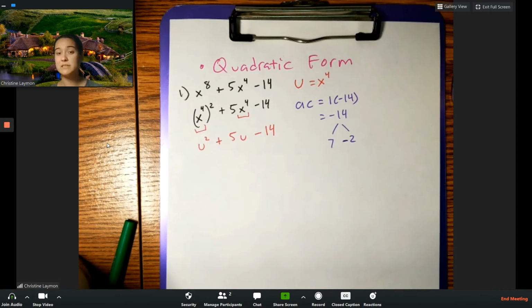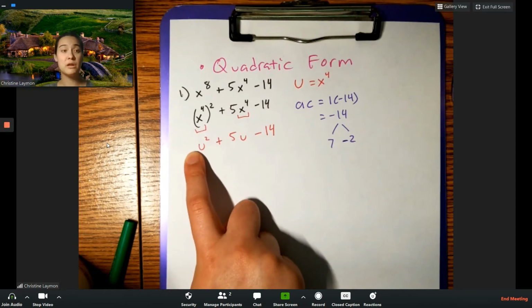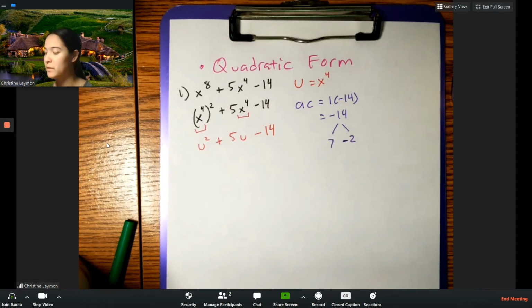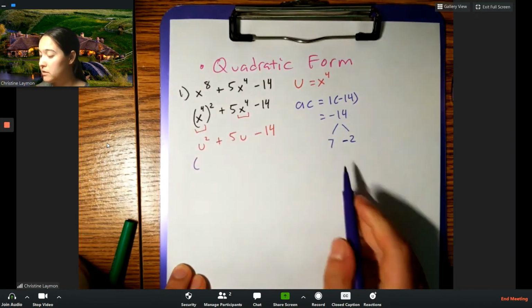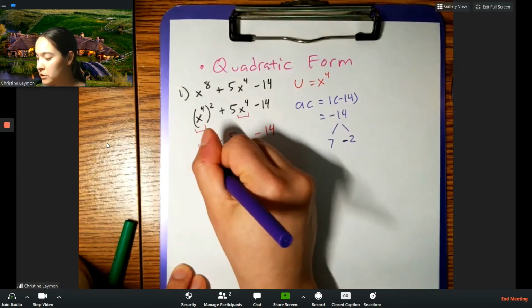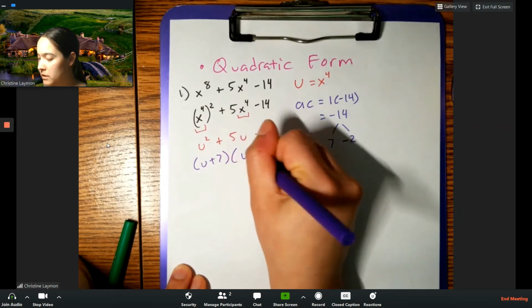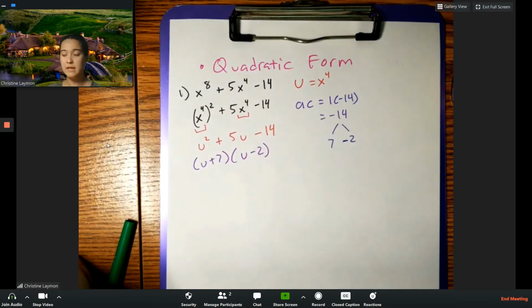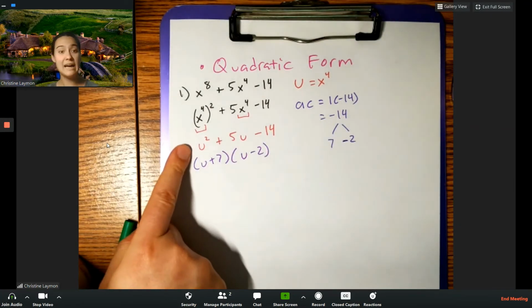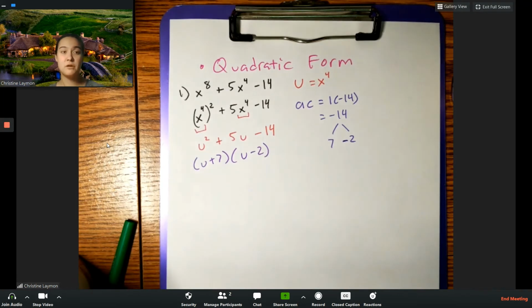Notice that we get to use an extra shortcut here because this front value is purely 1. The A value in this case is 1. Remember, when we have that, we can plug these straight in. U plus 7, U minus 2. If this was anything besides 1, then we would have to use factoring by grouping or some other method.